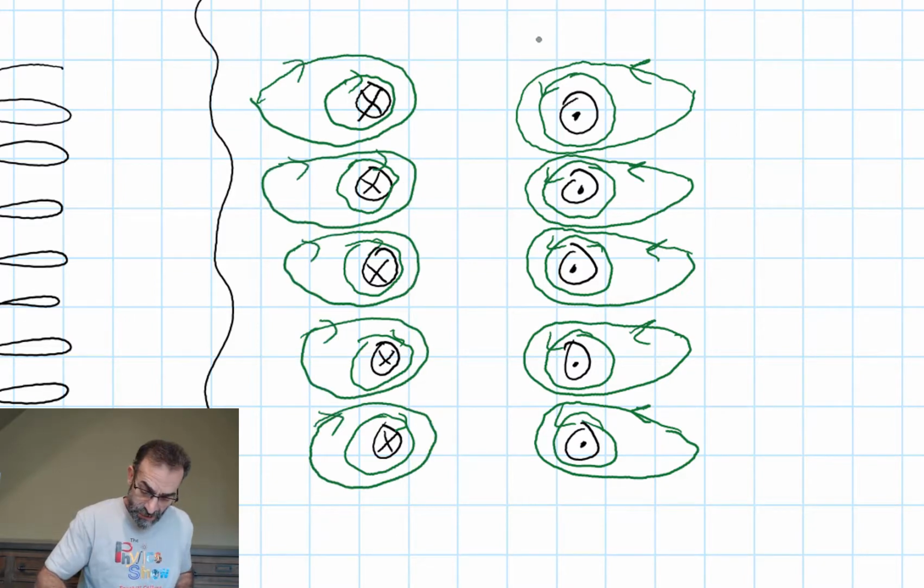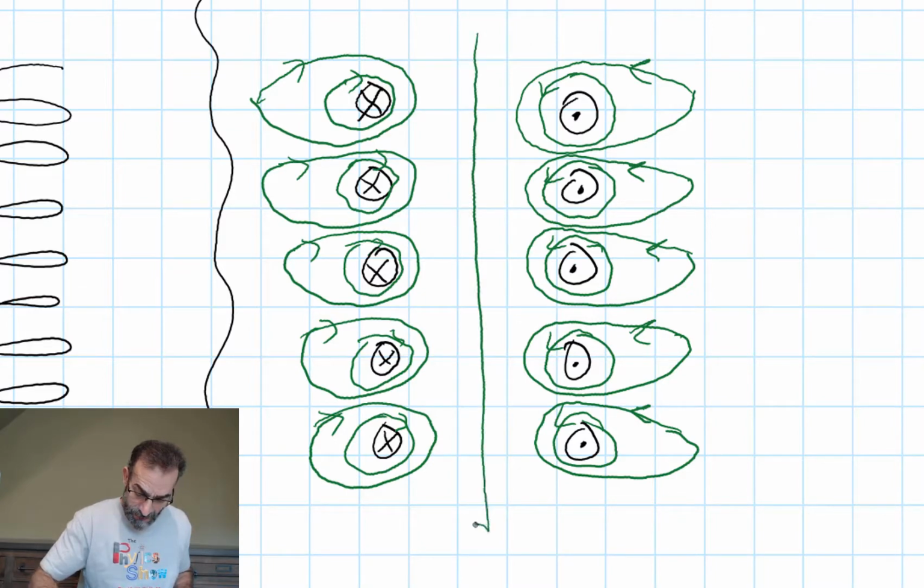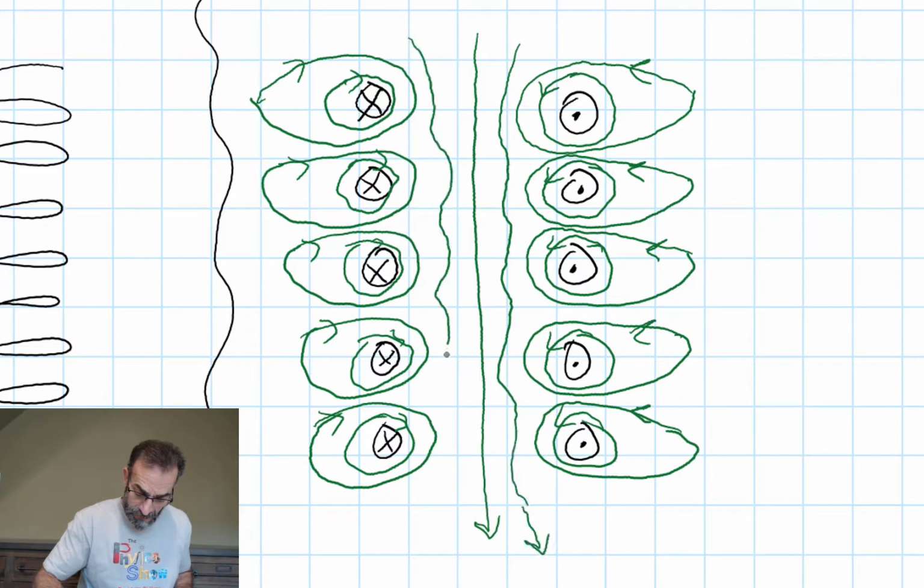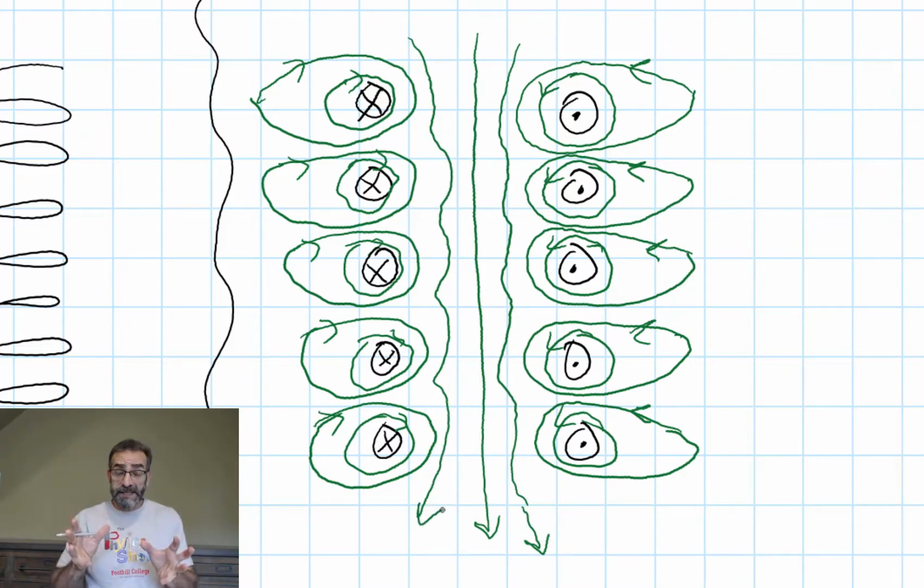And in the middle here, we'd have one that goes down the center, and maybe something that kind of forms, we were getting magnetic field lines encircling all of these wires.